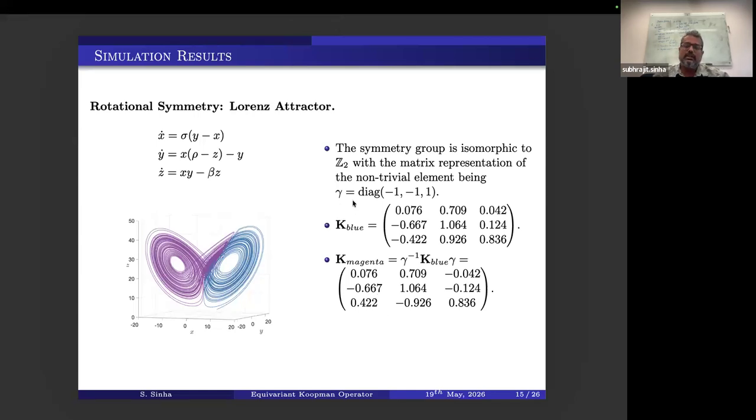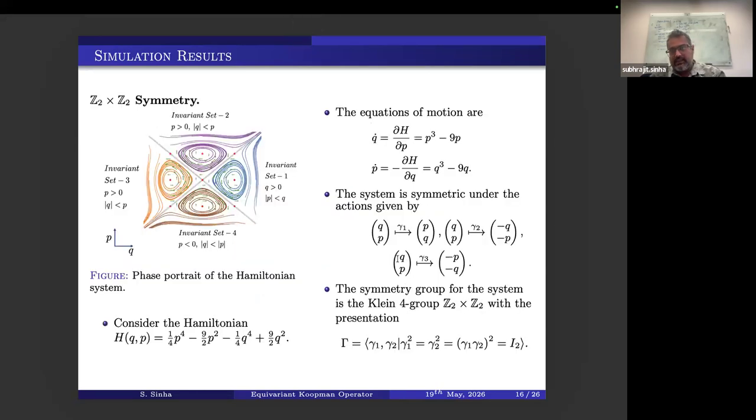The Lorenz attractor is again a symmetric system, with symmetry group isomorphic to Z2, and the three-dimensional representation of the non-trivial element is the matrix diag(-1, -1, 1). If you compute the local Koopman operators on this space and this space, they are again related. The third example is this Hamiltonian system, where the Hamiltonian is given by this.